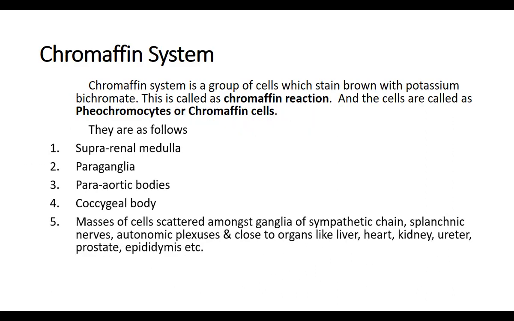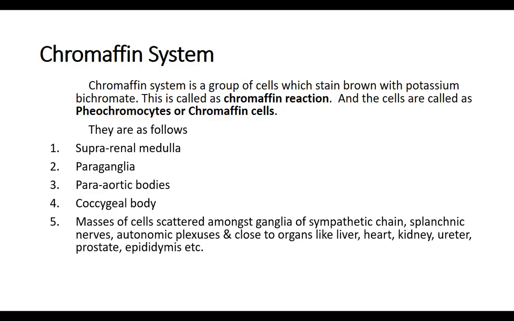Then the masses of cells scattered among the ganglia of the sympathetic chain, splanchnic autonomic plexus, as well as some cells close to important organs like the liver, heart, kidney, ureter, prostate, epidermis, everywhere. These few cells are present which take this potassium bichromate.